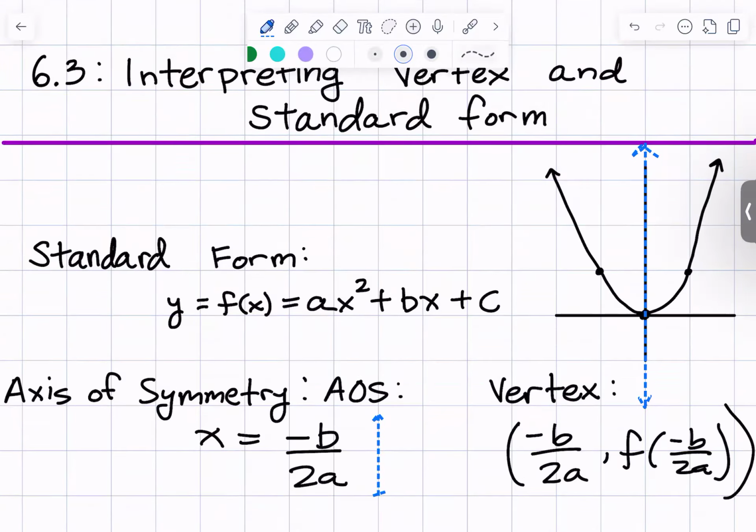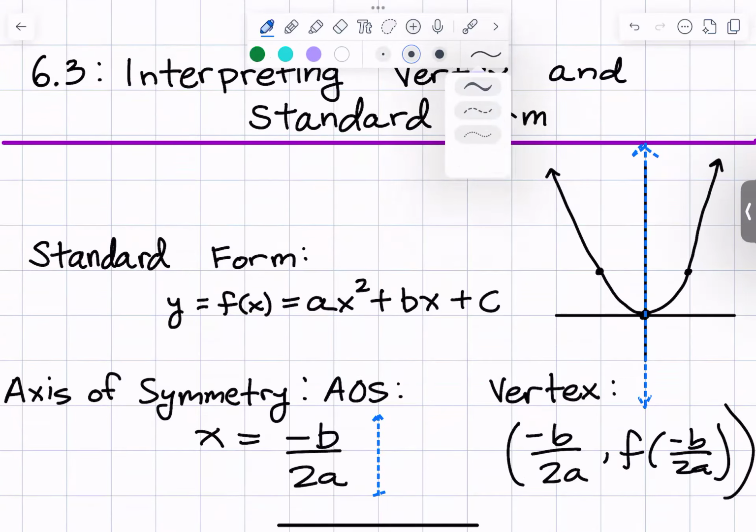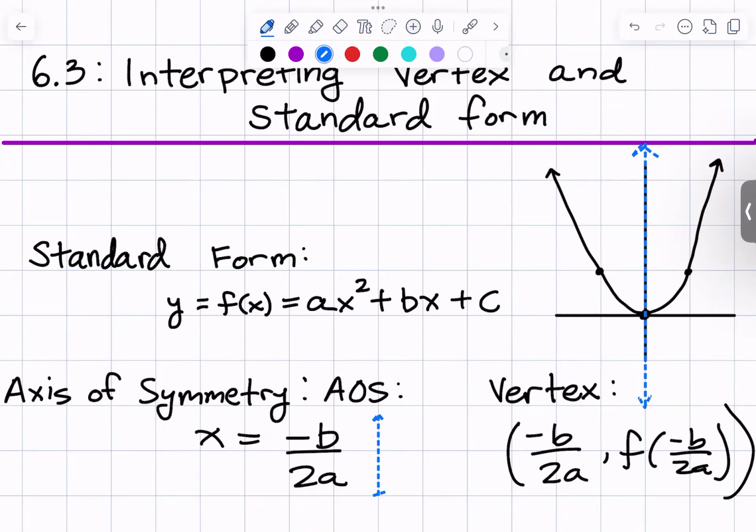And notice, class, that if you look at your vertex, negative b over 2a is actually the x coordinate of your vertex. That is because this vertex and the axis of symmetry will always be together. The x coordinate along with your vertex will always be along this line somewhere, right? We just don't know where.